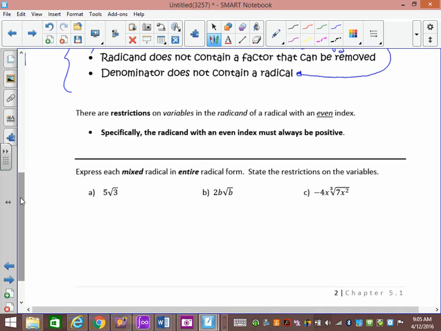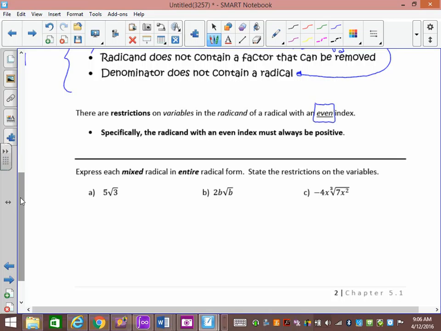Okay. There are restrictions on the variable in the radicand. So if you have a variable in the radicand with an even index, the key thing here is an even index, then you're going to have a place where you have to state restrictions. Why? Because you can't square root a negative number.